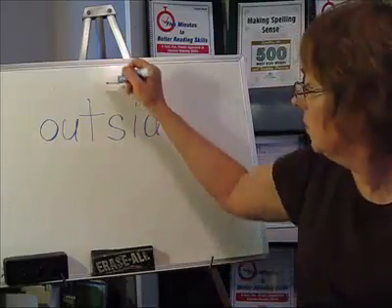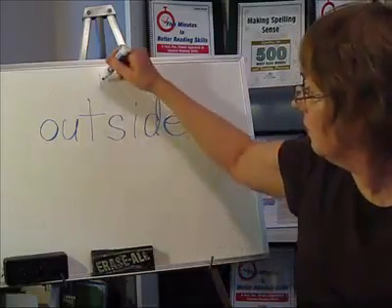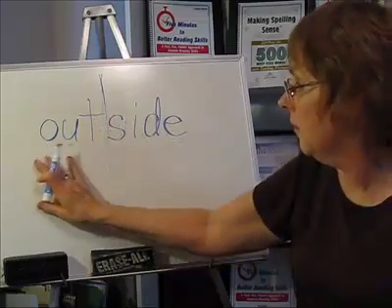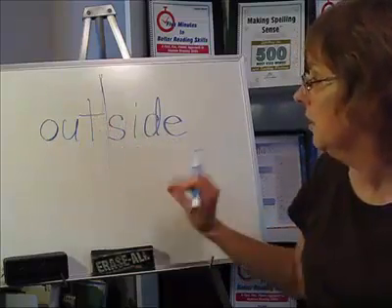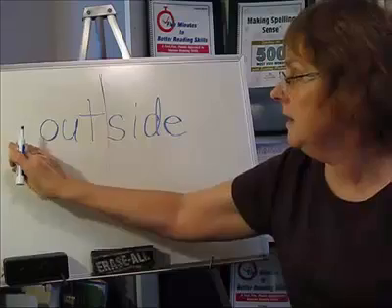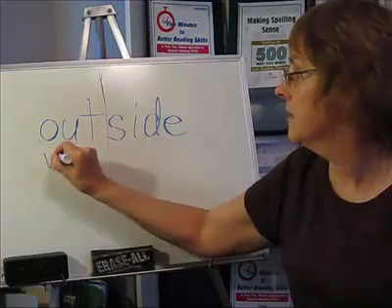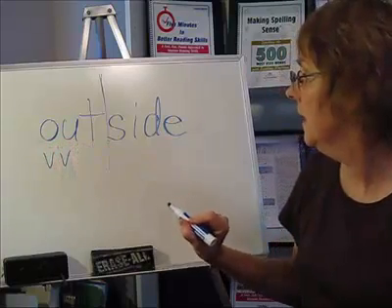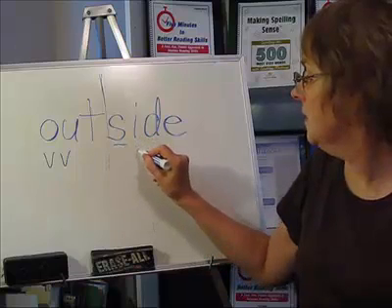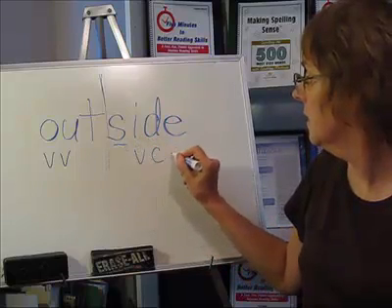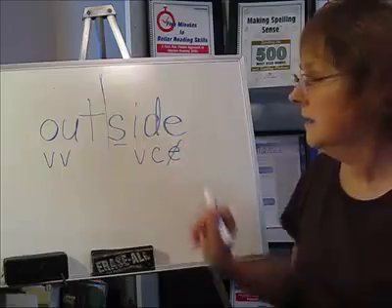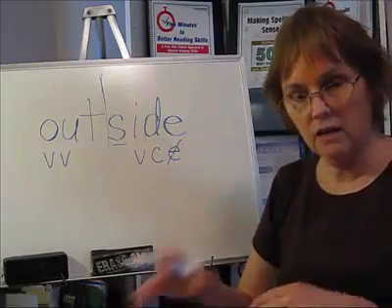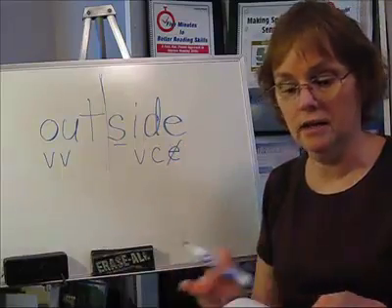Outside, so that means I need to divide it right here, so I'll have one vowel pattern over here and the second one over here. No beginning sound, so this is our vowel pattern. Beginning sound, vowel, consonant, silent E. So that kind of gives you an idea of how we do that.